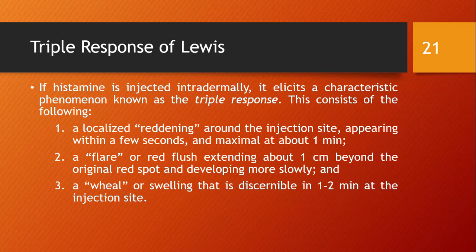Reddening happens within a few seconds and is maximal at about 1 minute. The flare or red flush extends about 1 centimeter beyond the original red spot and develops more slowly, and the wheal or swelling is discernible in 1 to 2 minutes at the injection site.